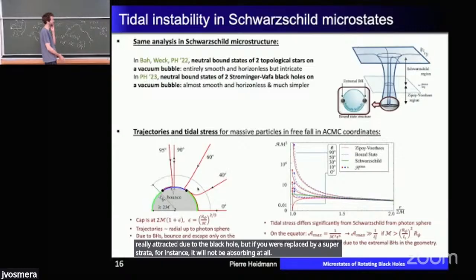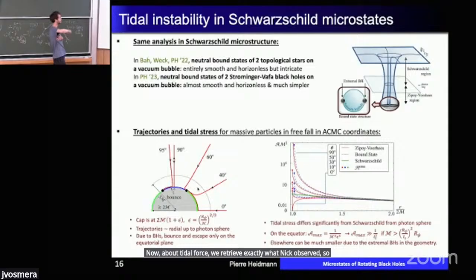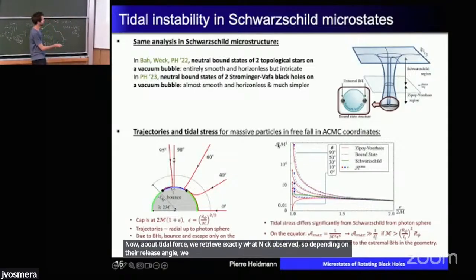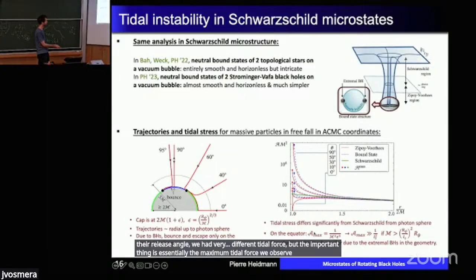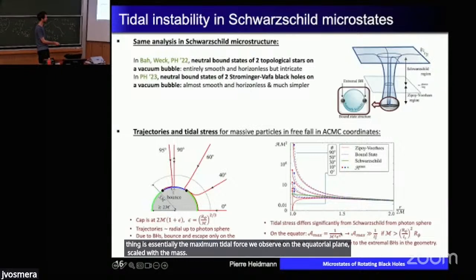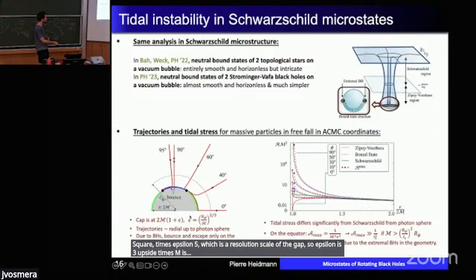Now about tidal force, we retrieve exactly what Nick observed. Depending on the release angle, we have very different tidal force. But the important thing is essentially the maximum tidal force we observed on the equatorial plane scales with the mass squared times epsilon^5, where epsilon is the resolution scale of the cap. So epsilon is really R_psi over m. It's a very small quantity, and it's really the Kaluza-Klein scale.